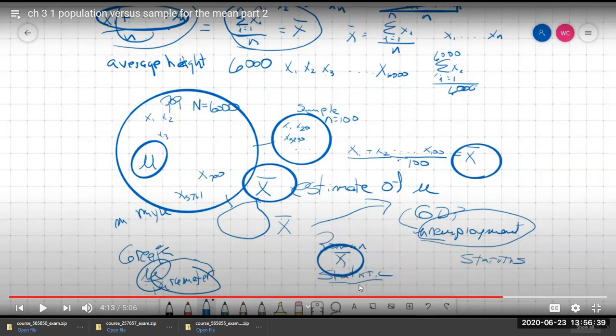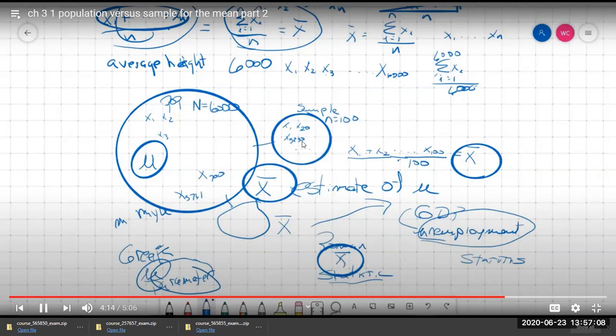So statistic comes from the sample, parameter comes from the population. For a sample, we use Roman letters, so we use x bar here. And for the population, we use Greek letters. So Greek, parameter, population. Roman letter, statistic, sample, okay?